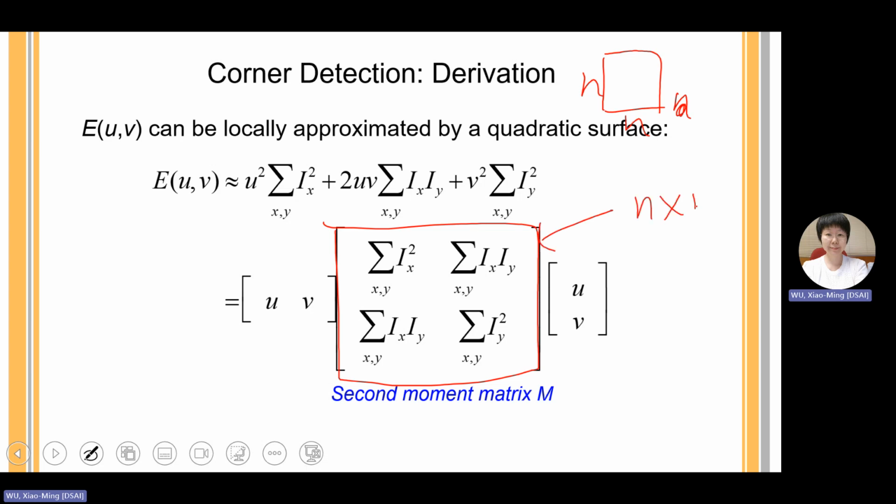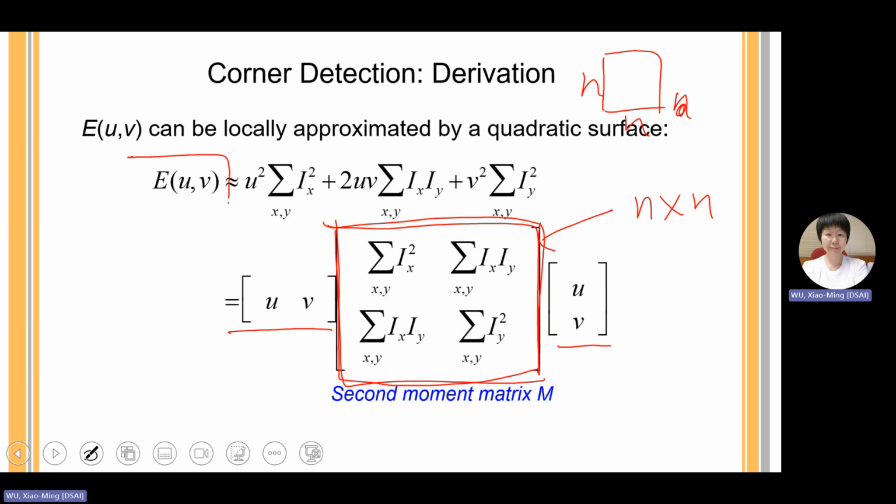Is it n by n? Come on, we only have a two dimensional vector, and this is also a two-dimensional vector. So what's the size of this matrix? 2 by 2, right? This is a 2 by 2 matrix.